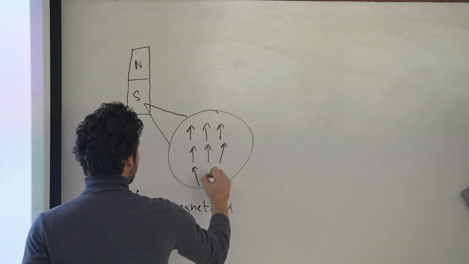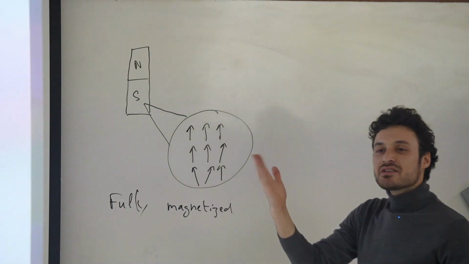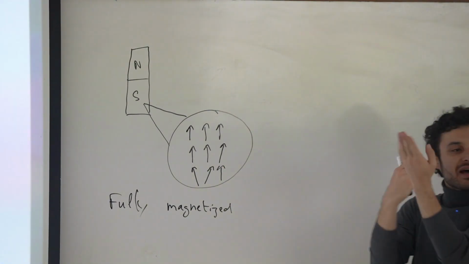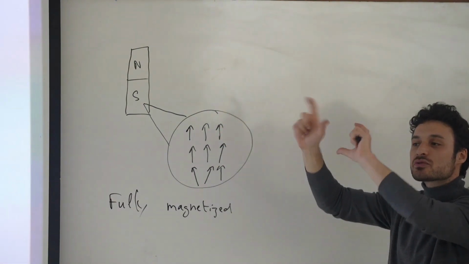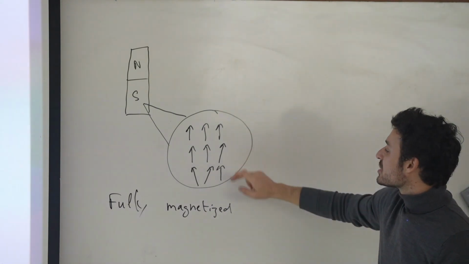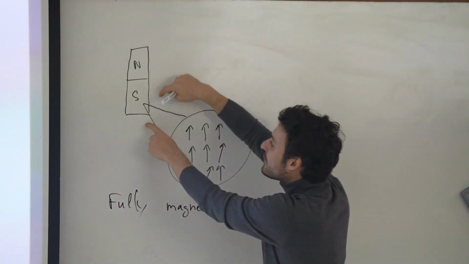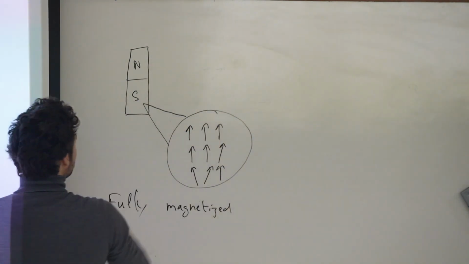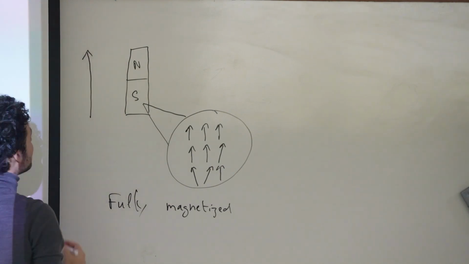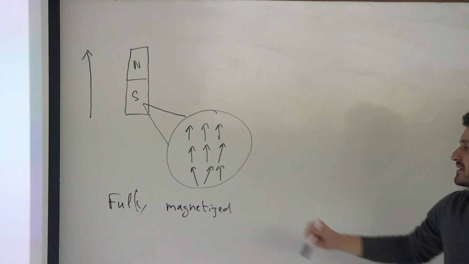Because in any kind of material, there'll always be some random motion, because this has a finite temperature. So each of these tiny magnets is moving around a little bit, but they're all broadly aligned. On average, they're all oriented south to north, which means that if you take the average over the entire constituents of the magnet, then you get one big magnetic dipole, as it's known. Okay, so this is the fully magnetized state.